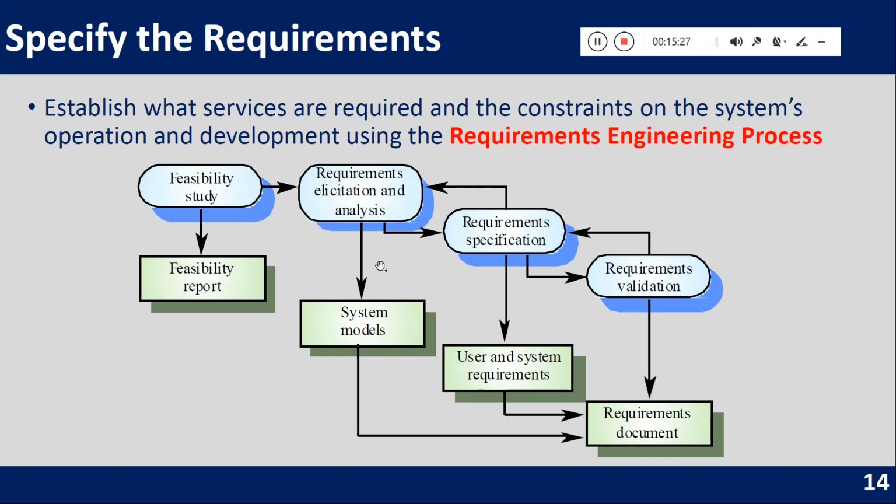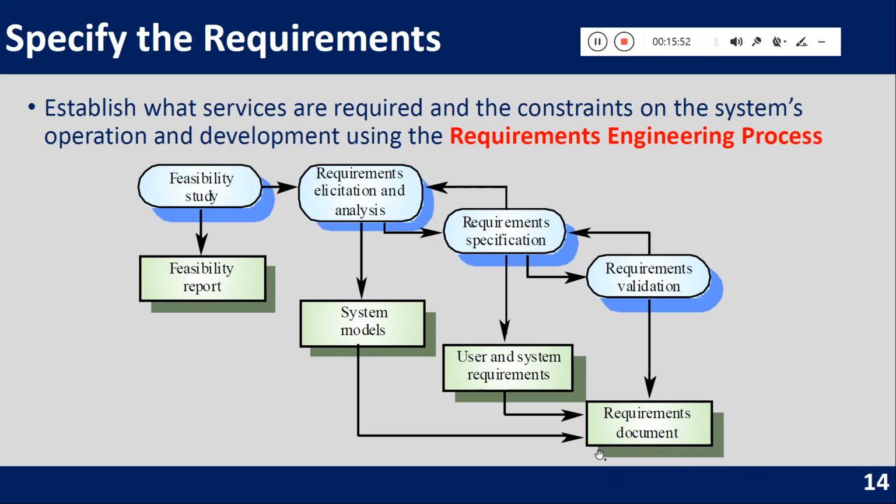And then based on the system model, we are going to specify the user and system requirements, where user and system requirements are just, within these building blocks, what kind of requirements do you want, to specify them. And finally, we're going to generate the requirement document.